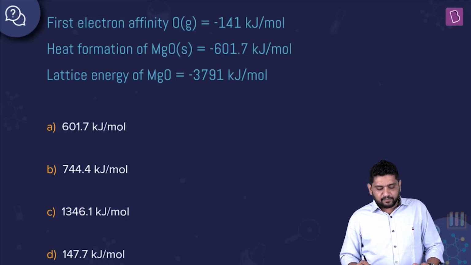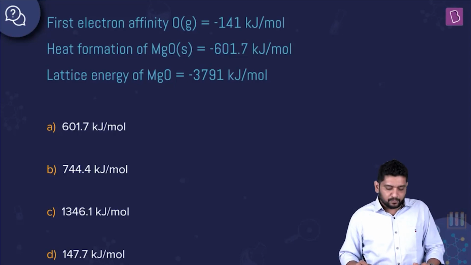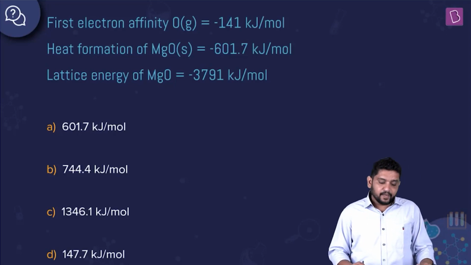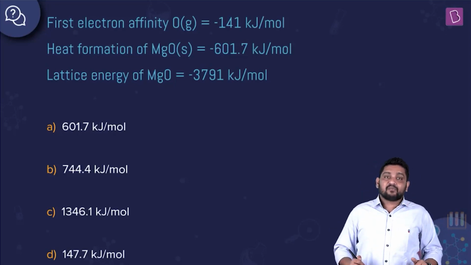Heat of formation of MgO, solid, is given to us as minus 601.7 kilojoule per mole, and the lattice energy of MgO is given as minus 3791 kilojoule per mole. Looking at the negative sign, we can understand this is the lattice formation enthalpy.